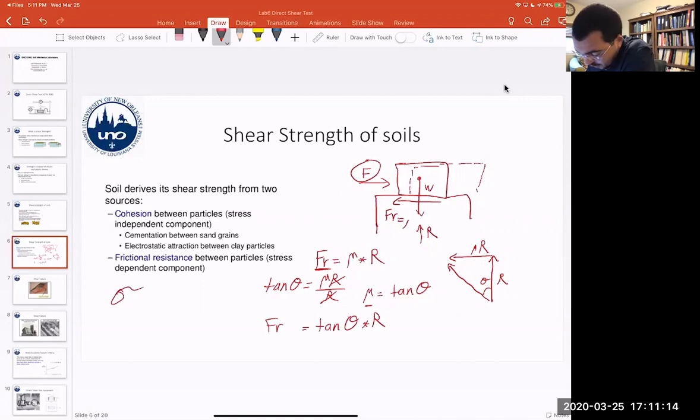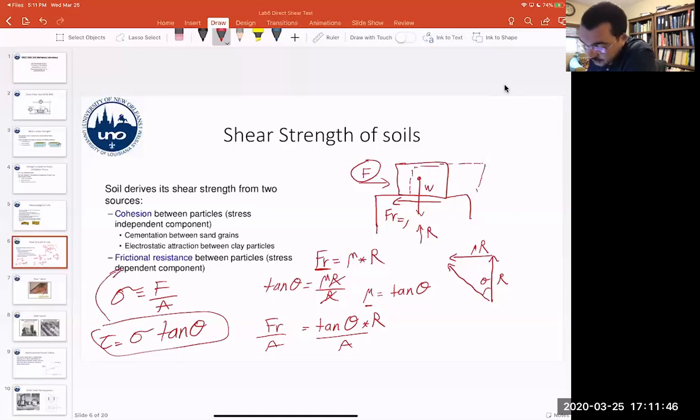We know that stress is equal to force over area. And with that, if we divide everything here by area, then you will have a shear stress, which is equal to R over A, and that's going to be equal to the normal force multiplied by tan theta. And this is basically the Mohr-Coulomb failure that is concerned with frictional resistance.